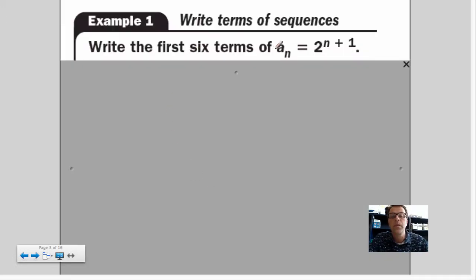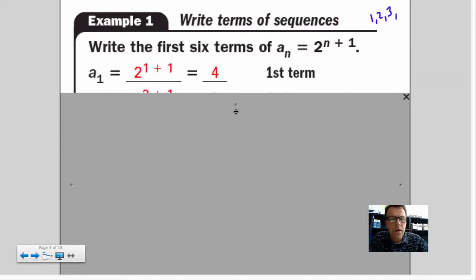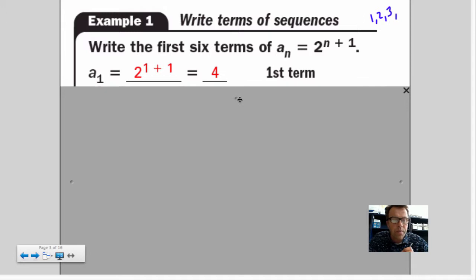So here is a rule. The rule says take n, and again, because n isn't specified, we are going to plug in values 1, consecutive integers 2, 3, 4, and so on. And we would plug them in here for n. So let's look through it. The first term, we would set n equal to 1. We would put 1 in for n, and then we would calculate.